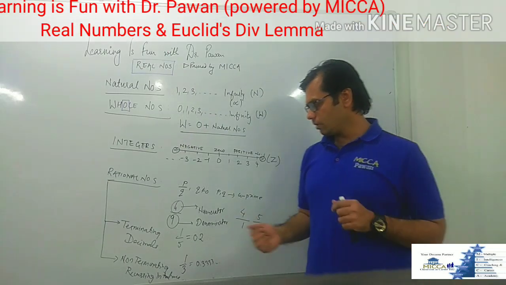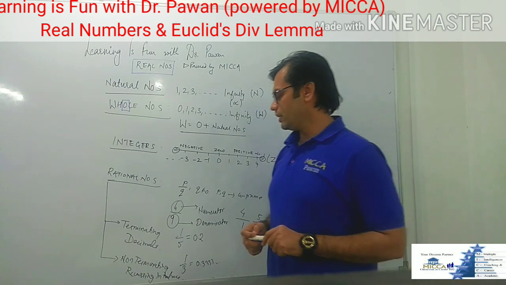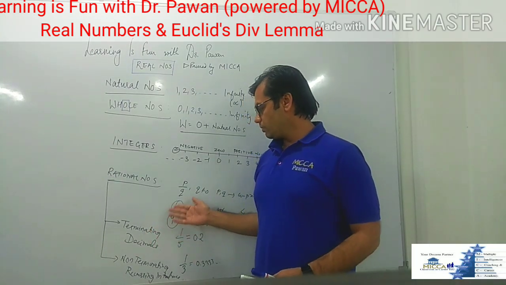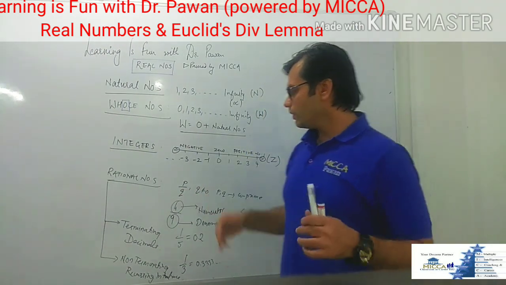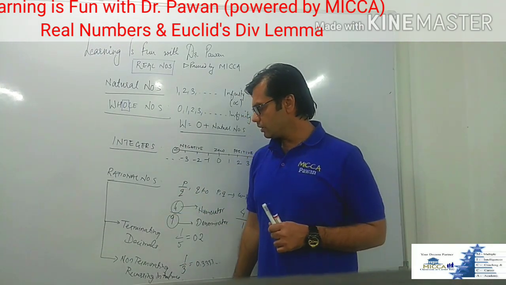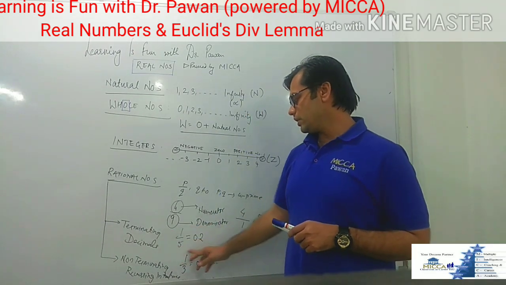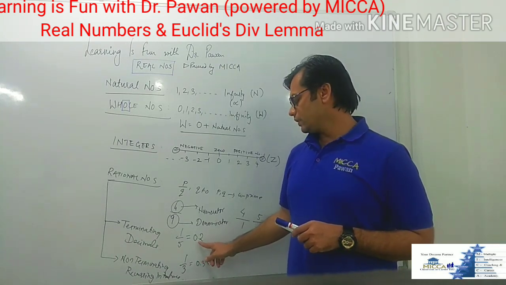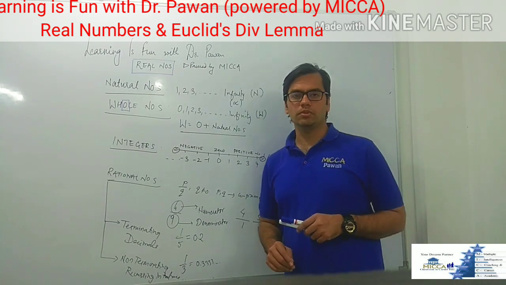So we're discussing rational numbers. Now rational numbers, as I was saying, is the set of all numbers which can be denoted in the form of p by q. There's another way of looking at rational numbers. If we have to identify rational numbers, all the terminating decimals are rational numbers, which means after the decimal there will be no further repetition of numbers.